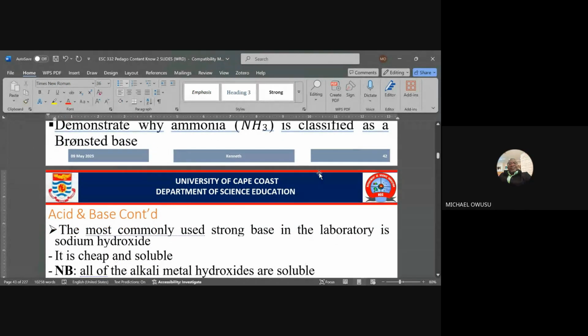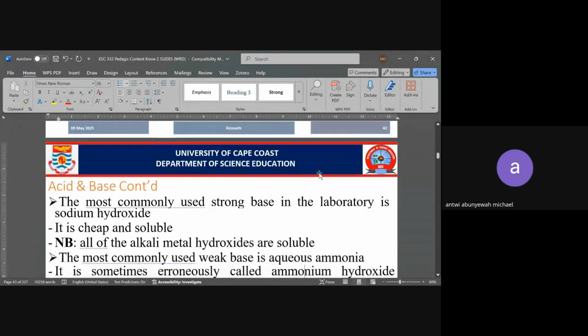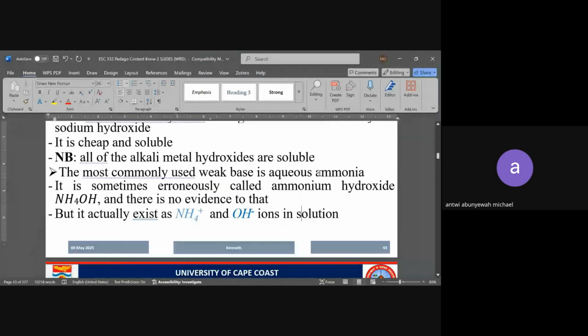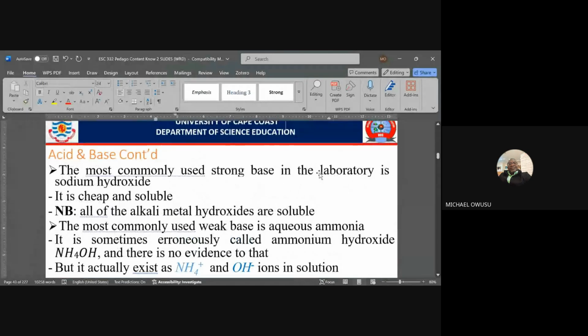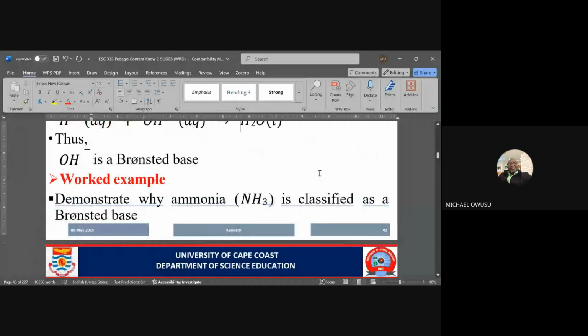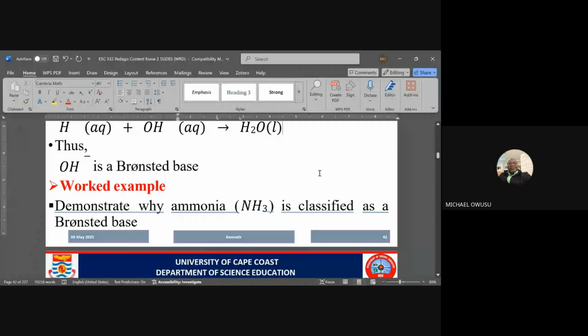They conduct it in their molten form. If it is in solid form, it will not. Doc, does solid also include the aqueous state? Aqueous state, that's the molten form you are talking about.